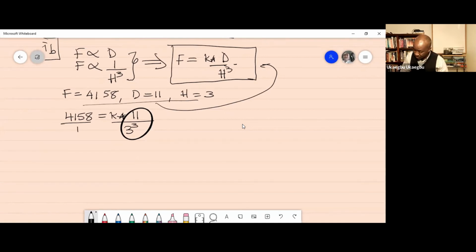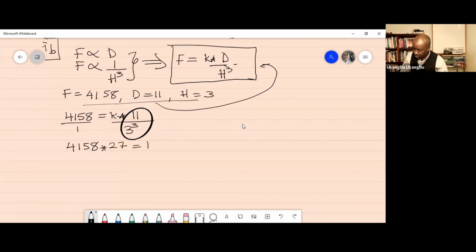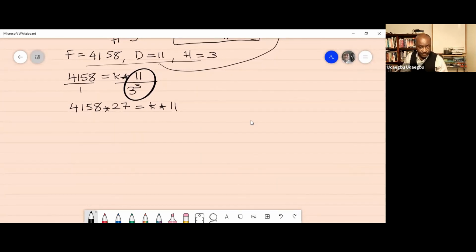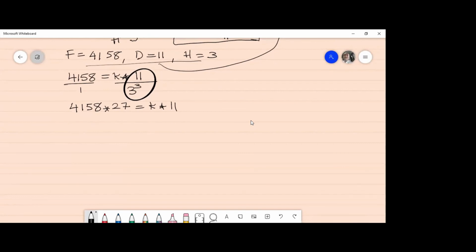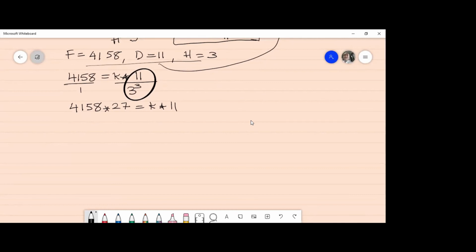When you cross multiply, you have 4158 multiplied by 3 cubed. 3 cubed is what? 27. Yes, 27 equal to K multiplied by 11. So what's next? You're solving for K. Multiply 4158 by 27, and then divide both sides by 11.